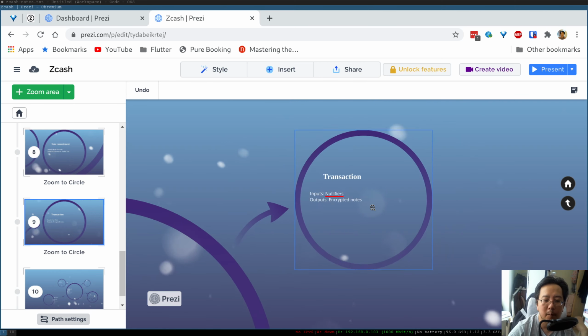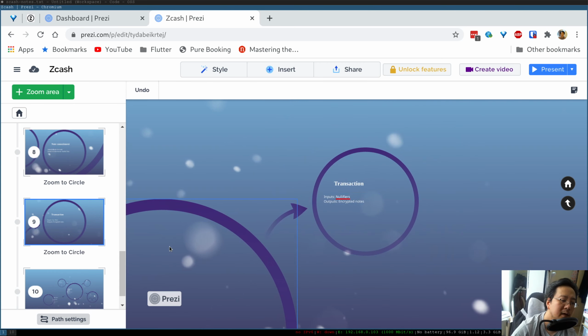The thing that they have brought is the ability to encrypt the notes. So contrary to other systems like Monero or Dash, the outputs are entirely encrypted. So there is no obfuscation involved. The data is really not available unless you have the proper decryption keys.